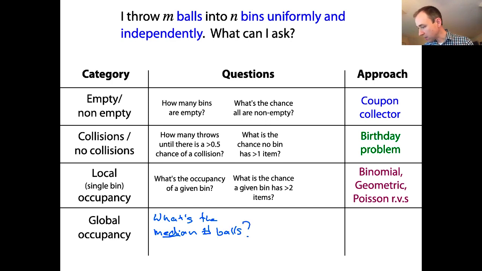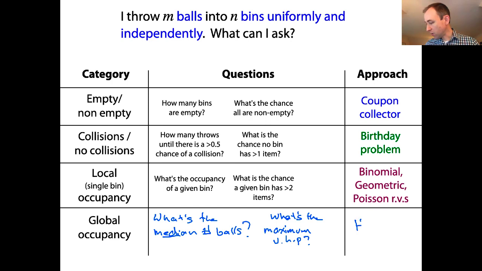Or what's the maximum number of balls? And you might say, well, the maximum is always n, and that's true. But what's the maximum with high probability? Because it is, of course, possible for all m balls to go in the same bin, but for high enough m and n, that's exceedingly rare. So with high probability, we can usually bound the maximum number of balls per bin.